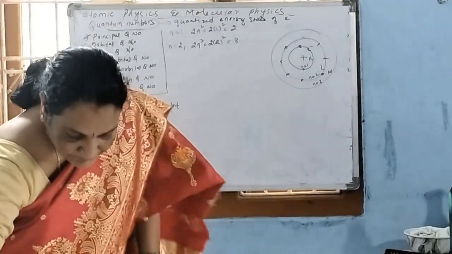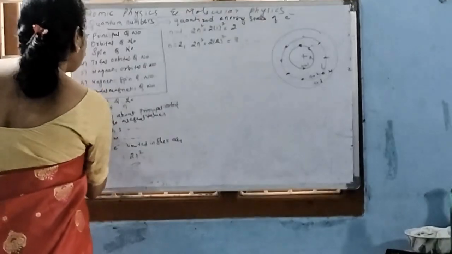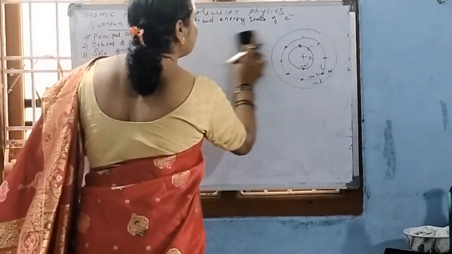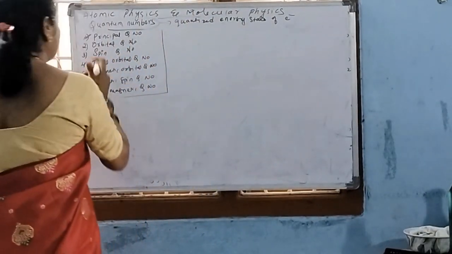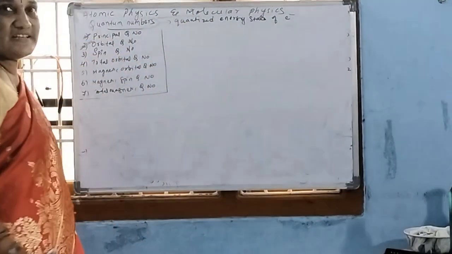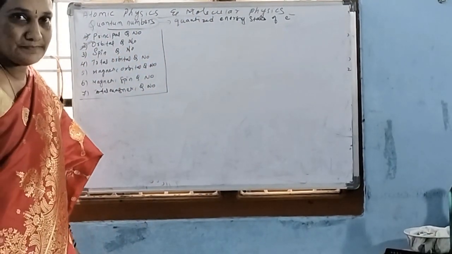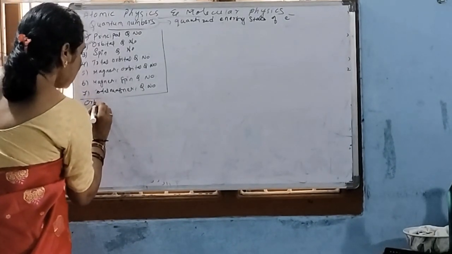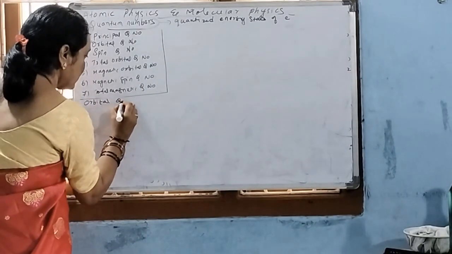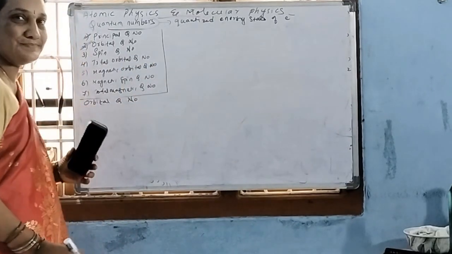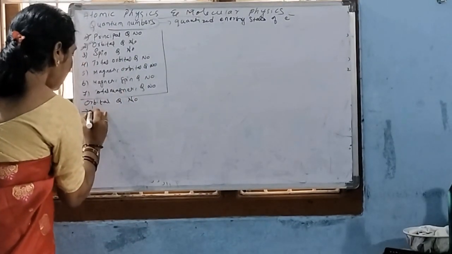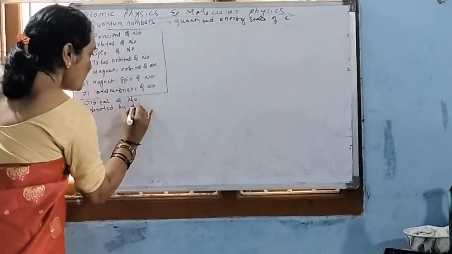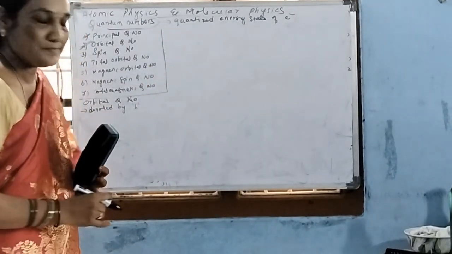Now, next, let us go for the second quantum number, the orbital quantum number. So, the orbital quantum number is denoted by the small letter l.